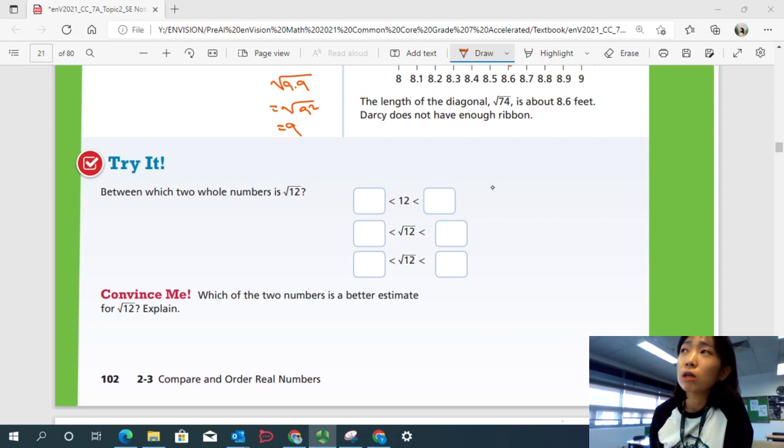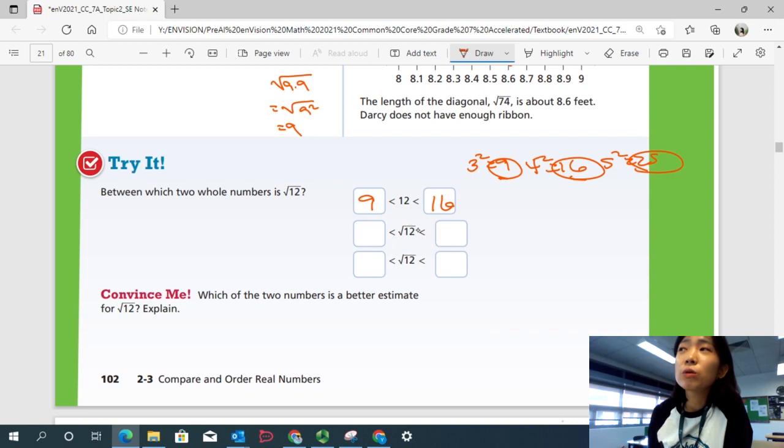You're going to look at the perfect squares. 3 squared is 9. 4 squared is 16. 5 squared is 25. 12 is between which two numbers here? Between 9 and 16. It's greater than 9, it's less than 16, so it's between those two perfect squares. And so square root 12 will be between square root 9 and square root 16.